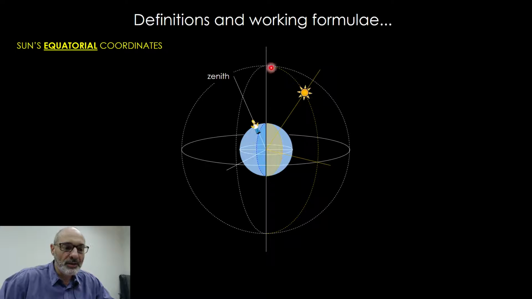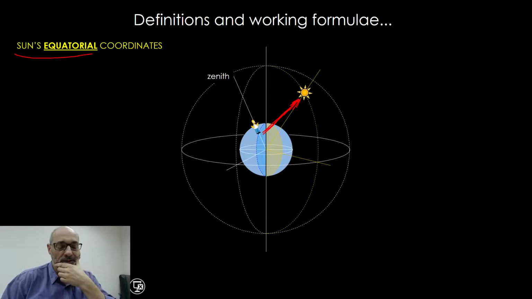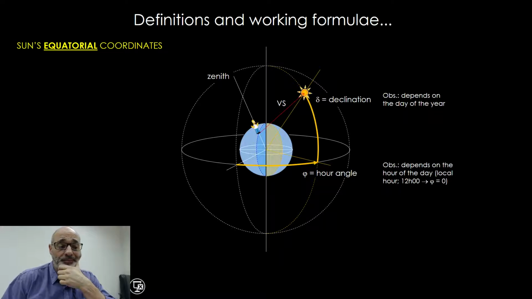So the sun, let's suppose it's here, in this particular meridian, at a given position. Just to anticipate, what I mentioned as being the solar vector is going to be a vector joining the observer to the sun. So this red vector here is going to be our solar vector. But right now, what I need to do is to define the coordinates of the sun in equatorial coordinates. So it's the same, only the names are different.